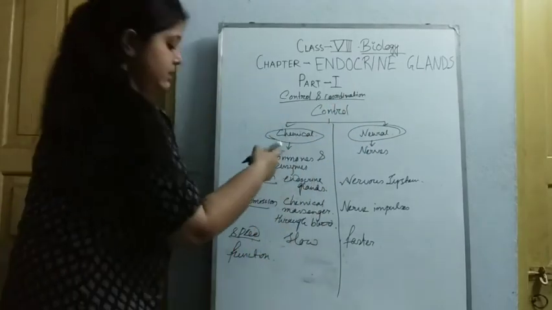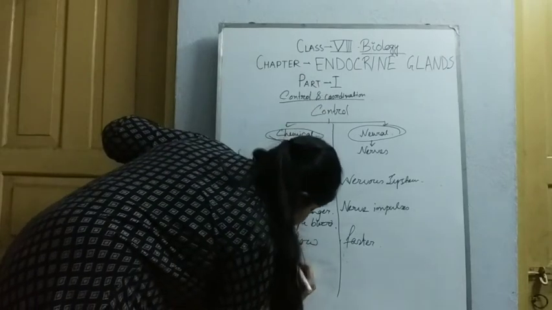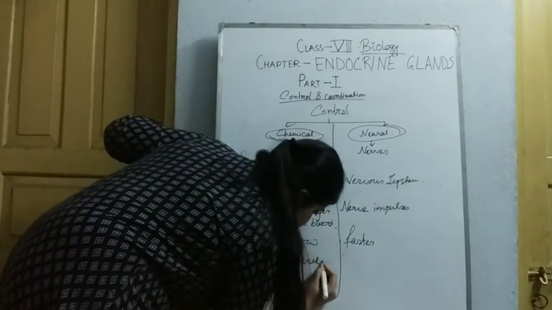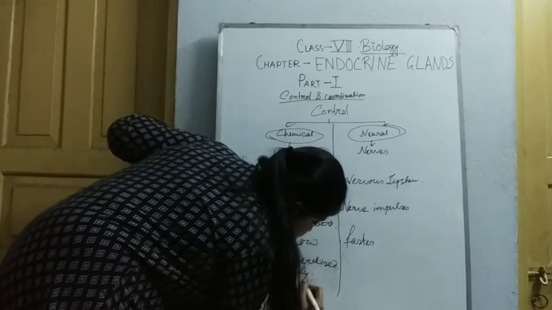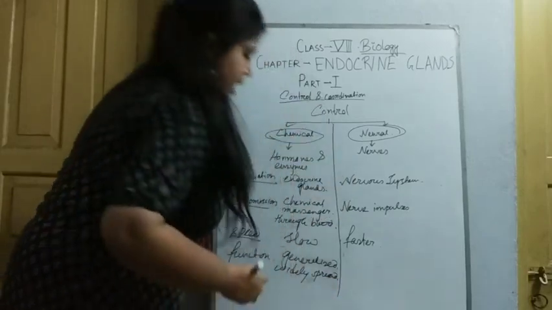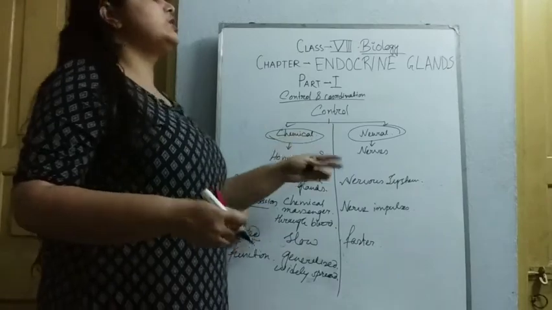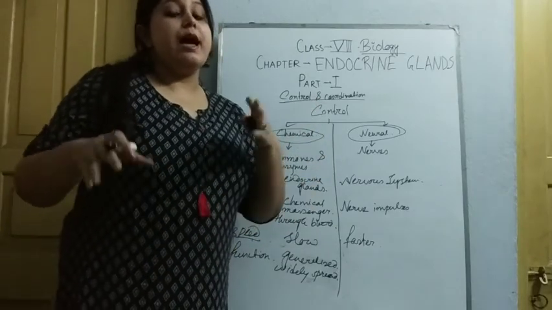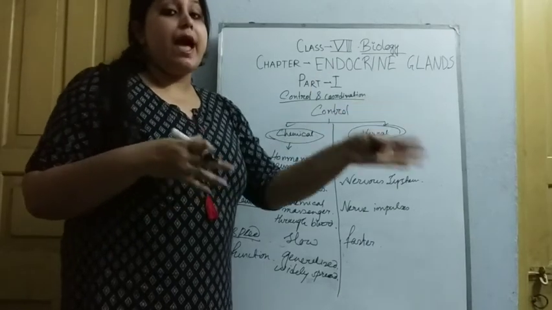The function of these chemical messengers is generalized and widely spread, and it acts on the target cell. The hormones are secreted into the blood, mix with the blood and go to the target cell to act.